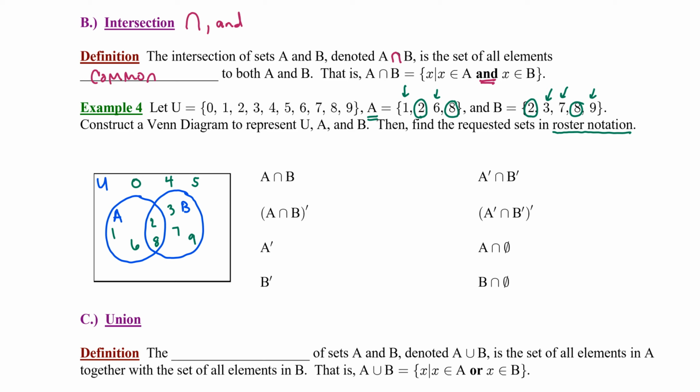So again, the Venn diagram is just a spatial way to represent all of these elements and how they relate to each other. Now, using the tool of the Venn diagram, we can figure out the following sets in roster notation.